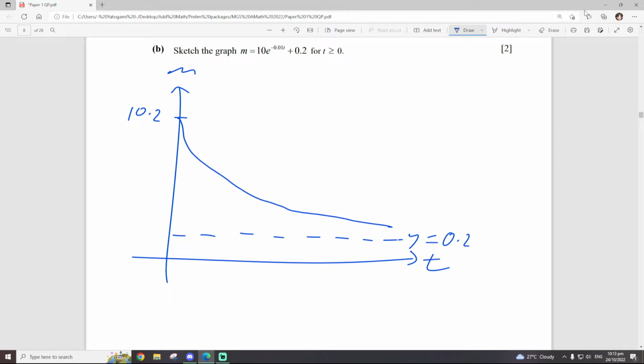A bit hard to draw with my pen now, but you get the idea. m equals 10e to the minus 0.01t plus 0.2. Okay, and this is the origin. So that's the shape and the asymptote will do.